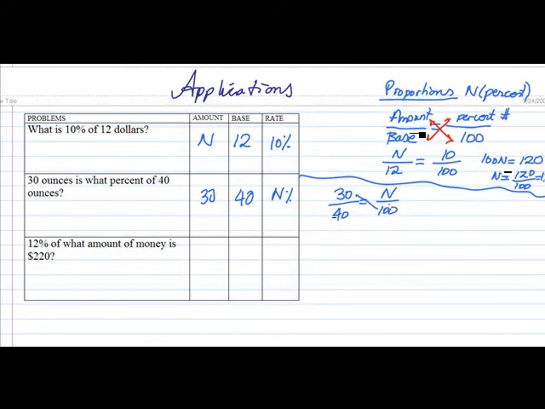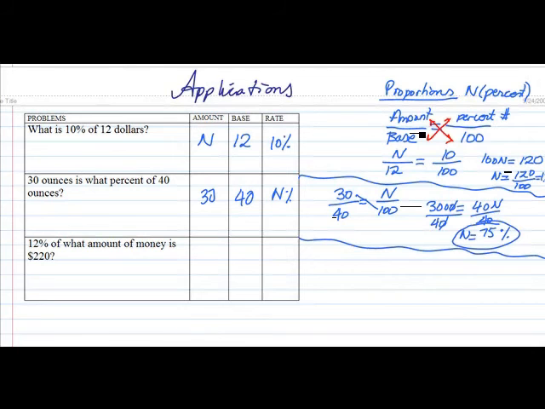Crisscross, 30 times 100, 3,000, equals 40N. Divide both sides by 40. That will get you the N. So when you go 300 divided by 4, you're going to get 75. And 75 is in percent already. So here's your answer, 75%.